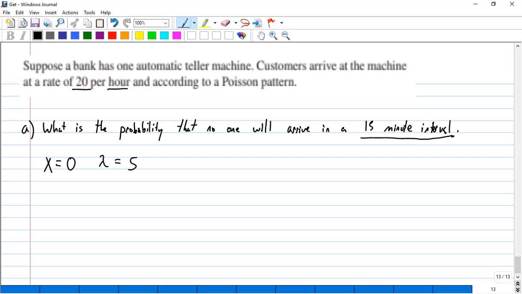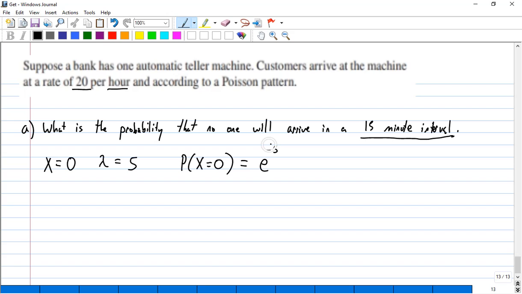Okay, so let's use our formula and figure out the probability. So the probability that 0 people will arrive in a 15-minute interval, if normally on average 20 arrive per hour, is, using our formula, e to the negative 5, times, not alpha, I meant lambda.